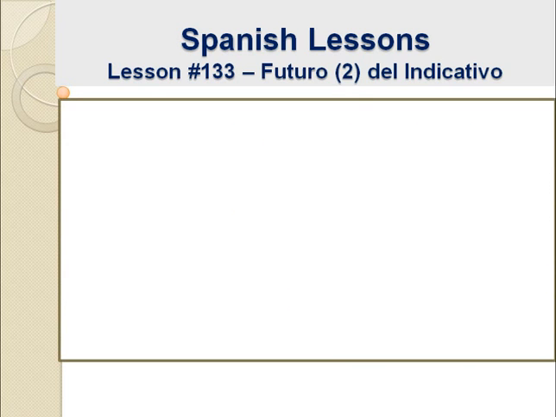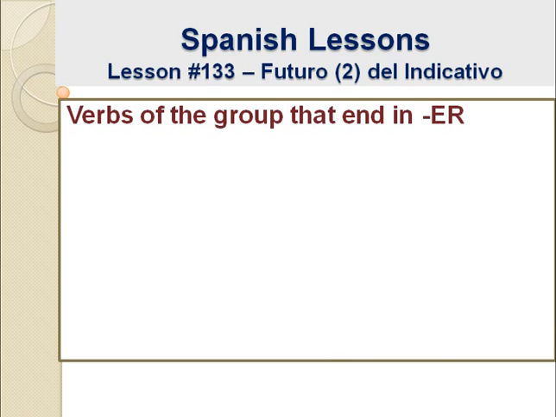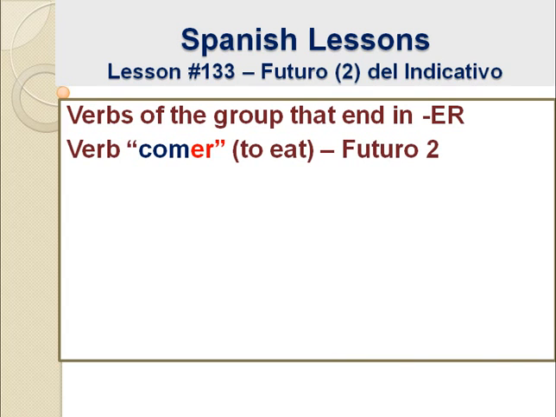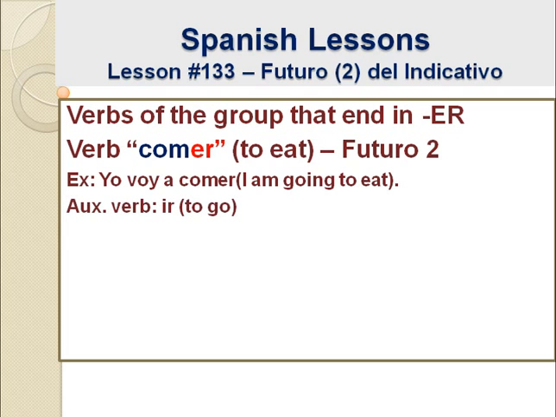Let's continue now with the group of verbs that end in er, right? This is the second group of verbs. Let's use the verb comer as an example. Comer means to eat. Example, yo voy a comer. I am going to eat. We are still using the auxiliary verb ir, or to go. Yo voy a comer.